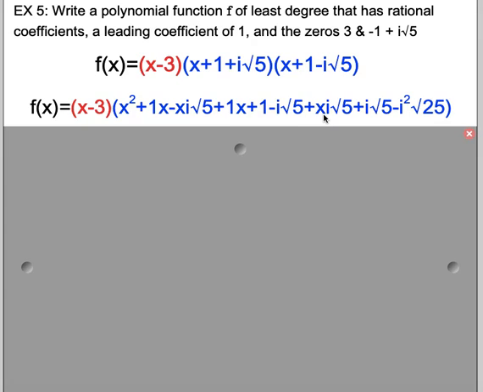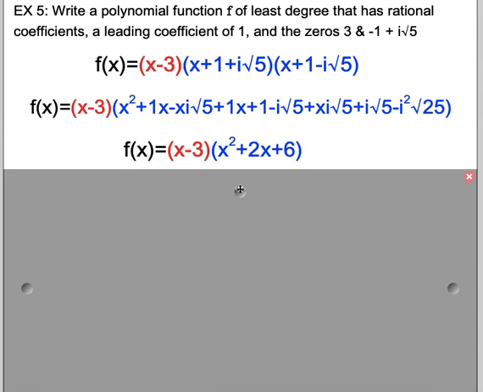Notice I'm listing the x first just because that is a real number, we just don't know what it is, whereas i is imaginary, and remember it always comes second. Then I do i square root of 5 times 1, which is 1 i square root of 5. And then i times negative i is negative i squared. Square root of 5 times the square root of 5 is square root of 25.